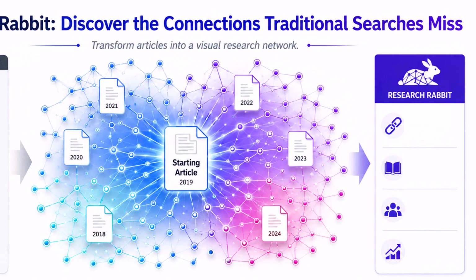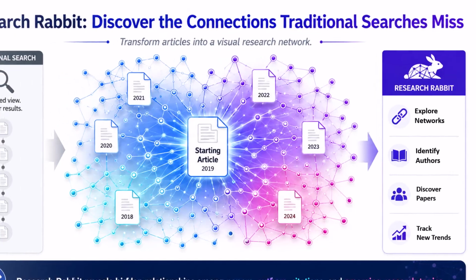This means that with Research Rabbit, you can explore citation networks, identify influential authors, discover related papers, find studies you may have missed, and track emerging research trends. These papers become your seed articles. Then, Research Rabbit expands outwards from those seeds, helping you to discover research that keyword searches may never reveal.